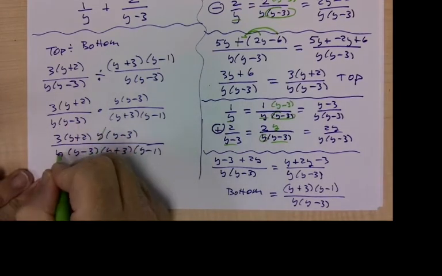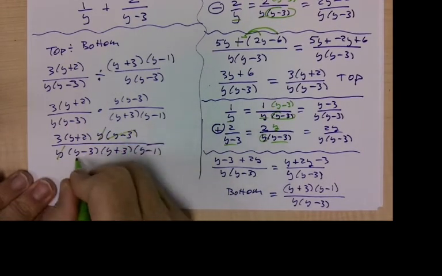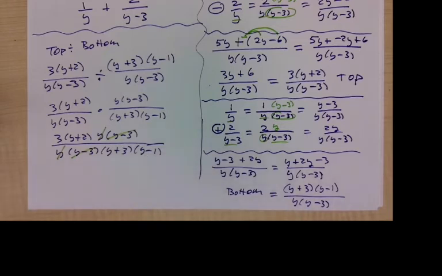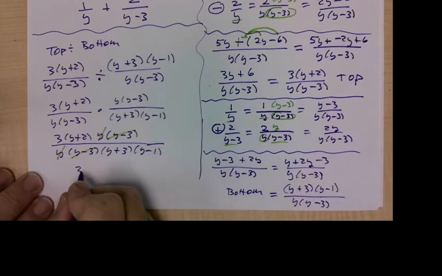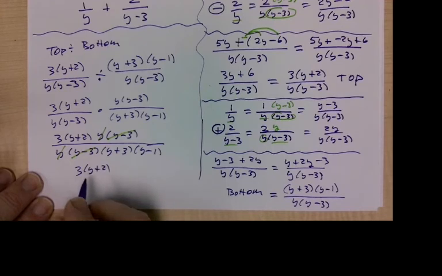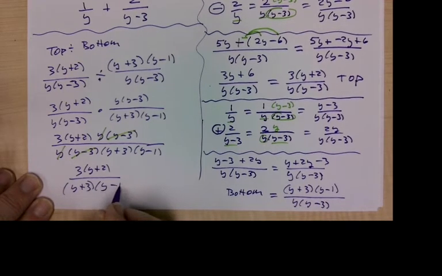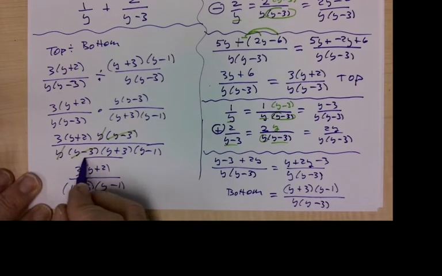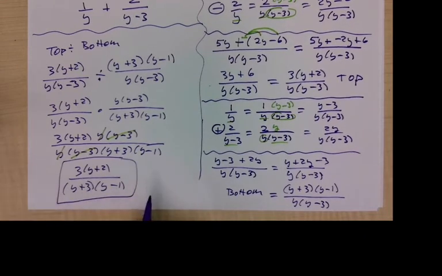Y divided by y becomes 1 over 1. Y minus 3 over y minus 3 becomes 1 over 1. And we get 3 times y plus 2 over y plus 3 times y minus 1. And that's good enough for me for a final answer. But you certainly could multiply it out if you would prefer to do it in that manner.